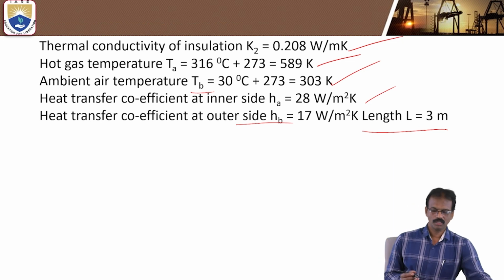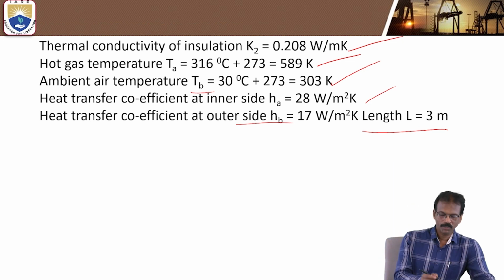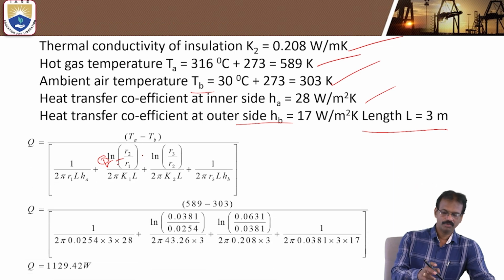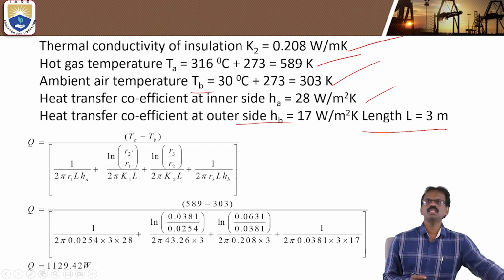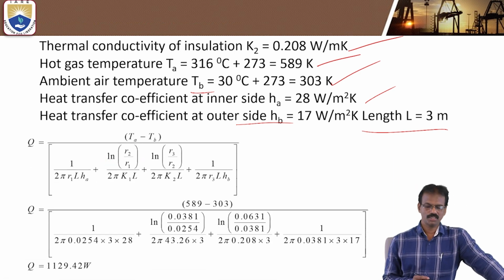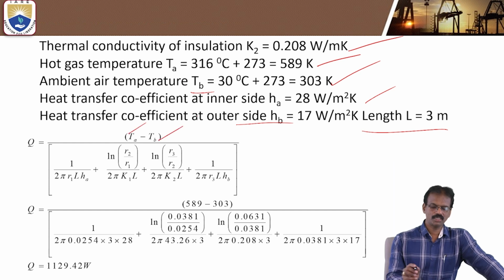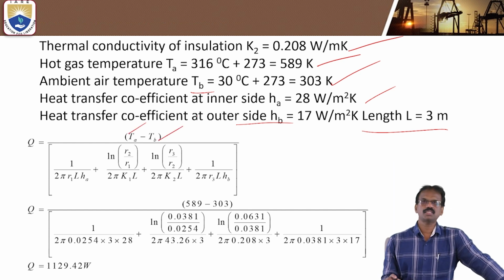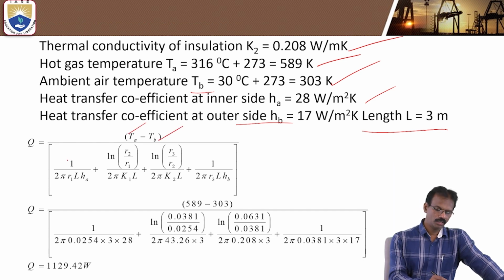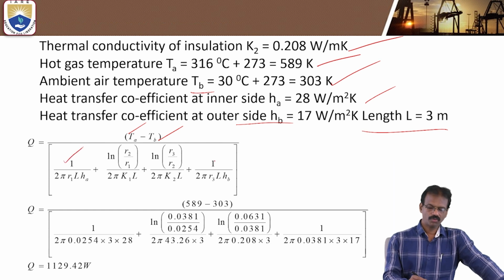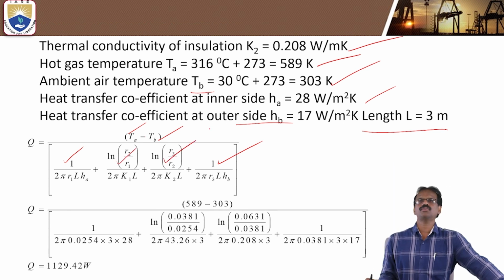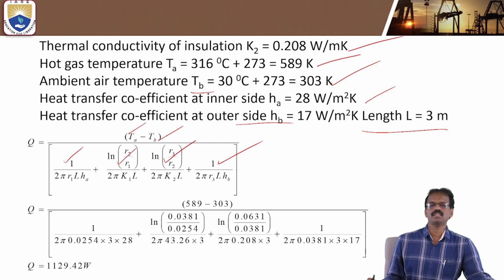For composite cylinders, you know the formula: Q is equal to the hot fluid temperature minus the cold fluid temperature, TA minus TB, divided by the thermal resistances: inner surface convection, outer surface convection, steel tube conduction, and insulation material conduction. You have to consider all these thermal resistances.